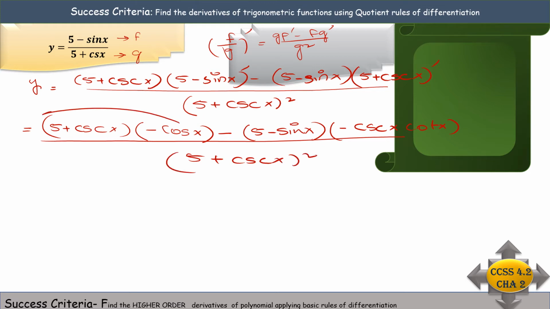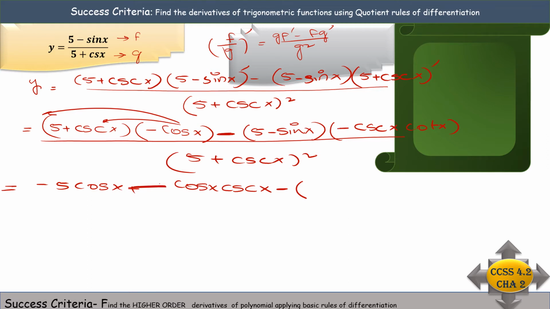Now open the bracket. 5 times negative cos x gives us negative 5 cos x, plus cosec x times cos x gives us negative cos x cosec x. Now this is negative, so write the negative as it is, open the bracket.